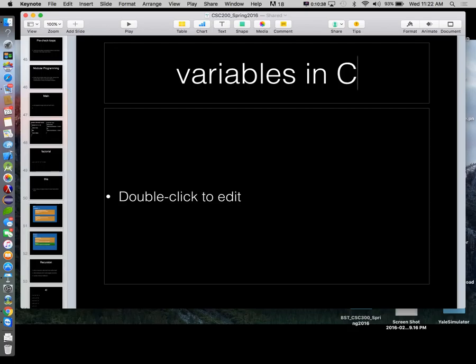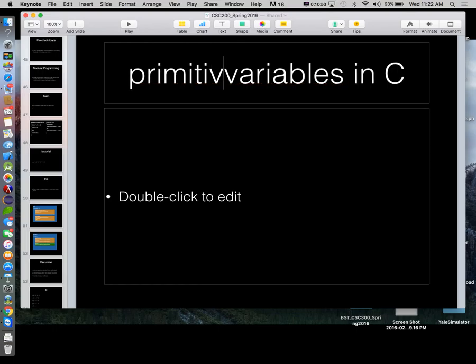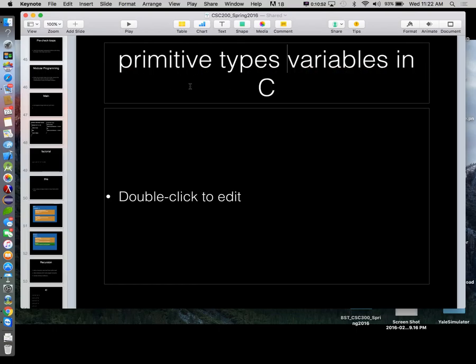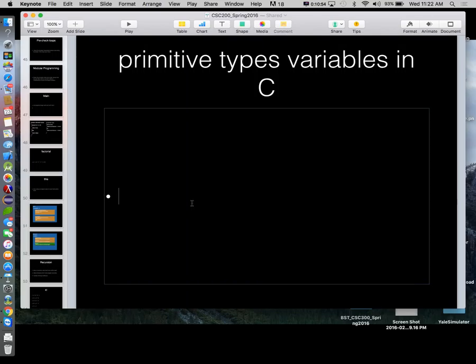C provided normal variables, it provided arrays, it provided structs, but came up short of having a class and that kind of stuff. Our primitive type variables in C are byte, short, int, long, char, float, double, and Boolean.